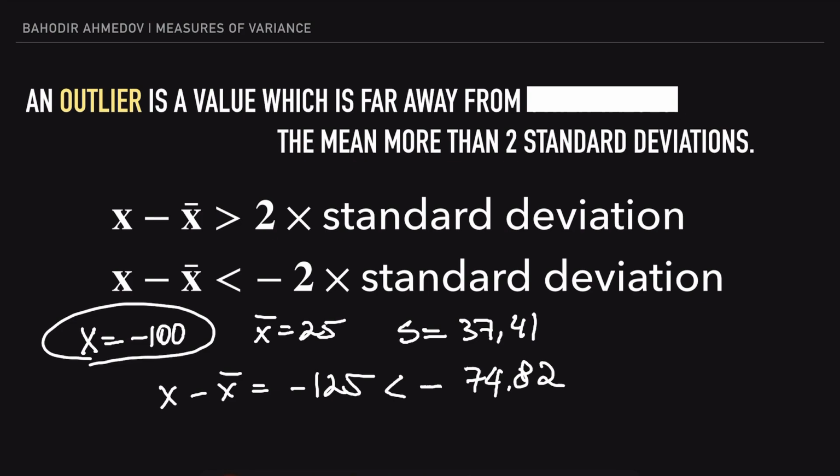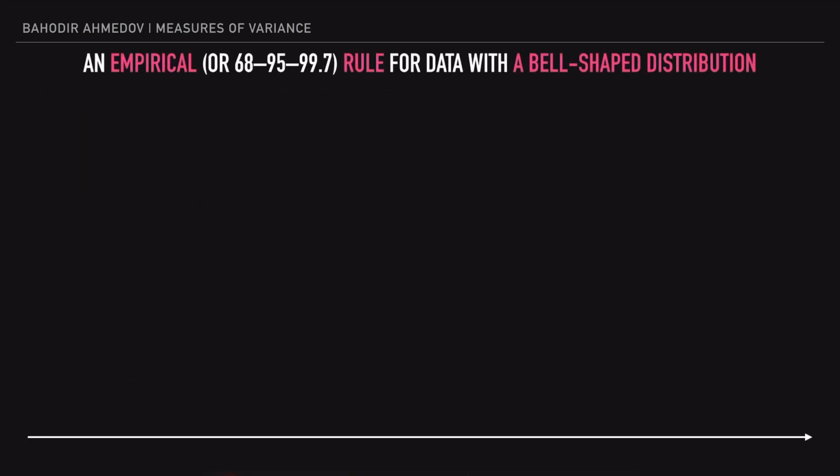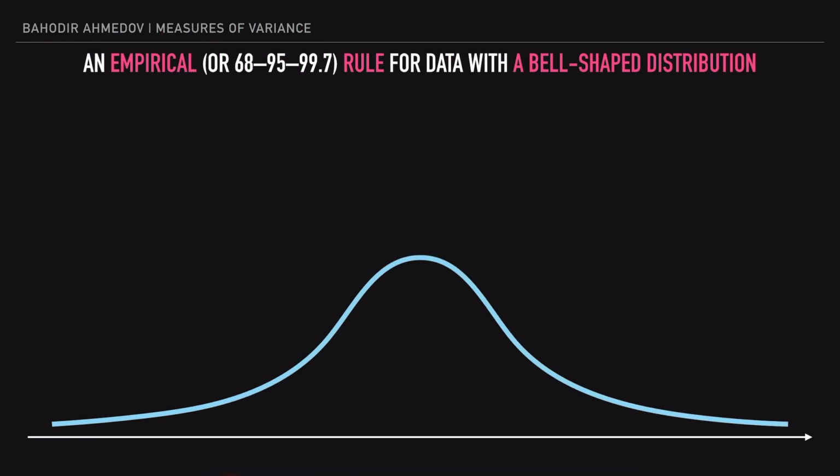So this is one of the applications of the standard deviation. There is another, more sophisticated rule, which is called the empirical 68, 95, 97.7 rule, for data which has a bell-shaped distribution. So if you know that your data has a normal or bell-shaped distribution, then you can know the distribution of the points which are located between the standard deviations.